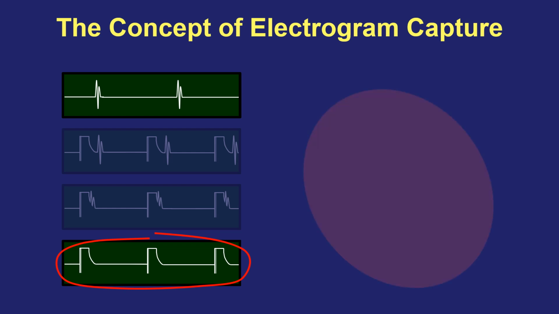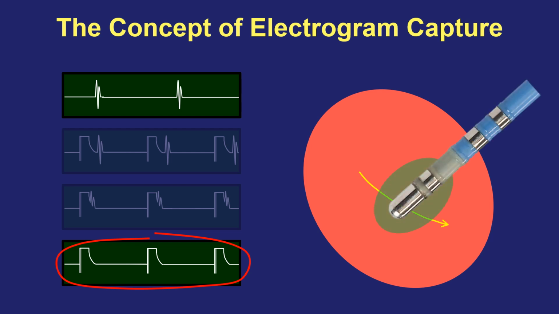And why is that? If you think again about our simple myocardial diagram and the recording range of that bipole, if you now pace from that same bipole, you're going to be capturing the myocardium within a certain radius, and that includes the very same tissue that you were recording while you were not pacing, meaning that the same myocardium that you were seeing when you were not pacing is going to be immediately captured during pacing, and it's going to show up exactly at the time of your pacing artifact.